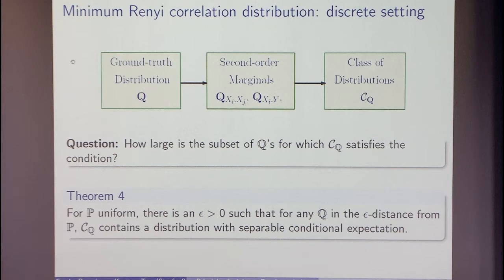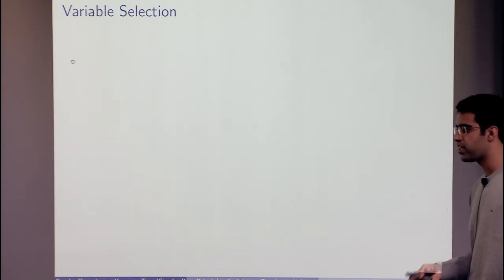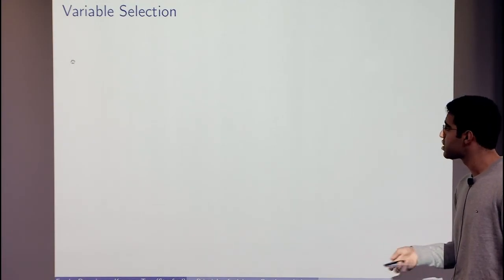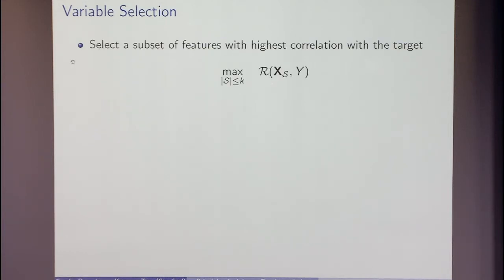Okay. So far we've talked about just the structure, how we can find the distribution minimizing Renyi correlation. Now let's see an application. Here we have a variable selection problem. Let's say we want to select variables based on this optimization problem. So we maximize Renyi correlation between those variables selected and y based on this constraint that the number of variables should be less than k.